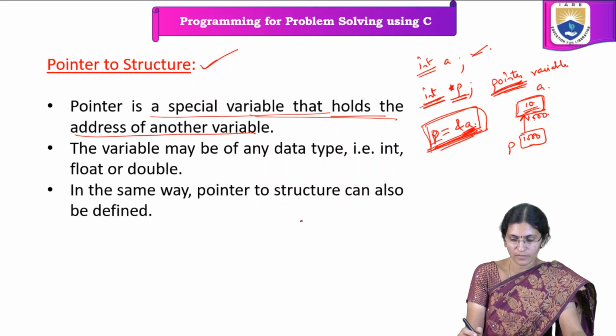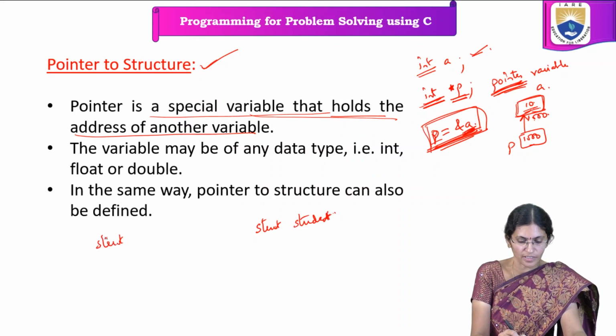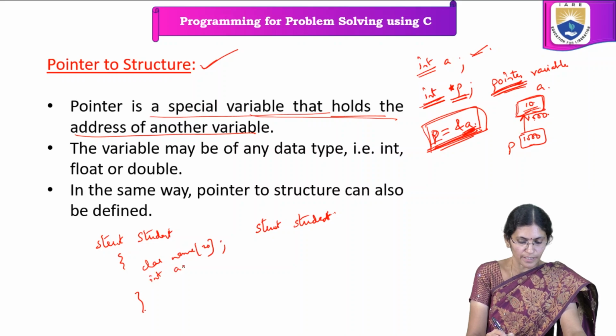Similarly, we can declare a pointer to a structure. Suppose student is the structure name, and we have defined a structure, struct student, which has different members: the name of the student, and then int age, the age of the student, or float marks.